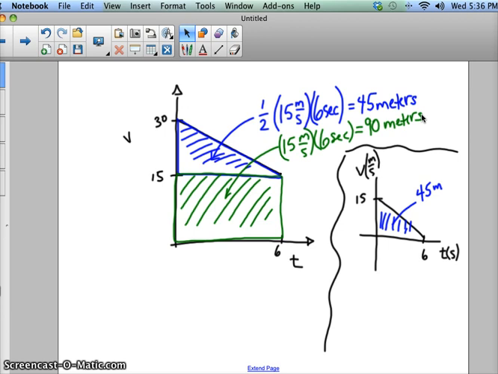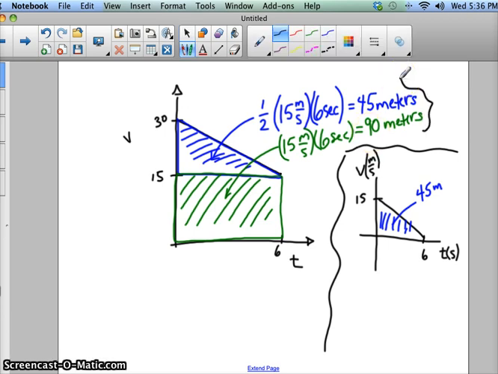And it would make sense then to figure out our total displacement would therefore be 135 meters. That's our total displacement. Since in our first diagram we have our object starting from 0 position, this would also be our final position.